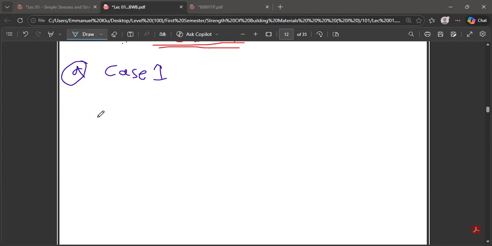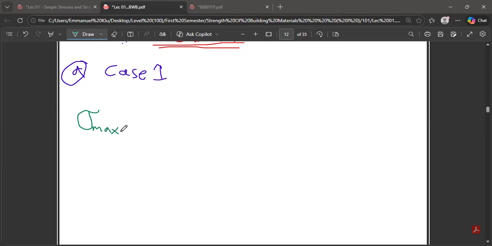So the shear force, in this case, we are calculating for the maximum shear stress. We are supposed to calculate the maximum shear stress, right? So I can write stress over here with maximum over there.